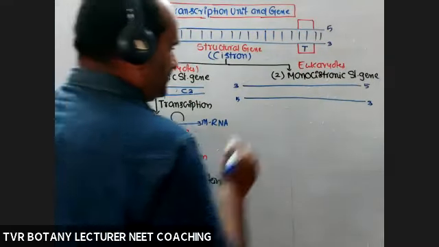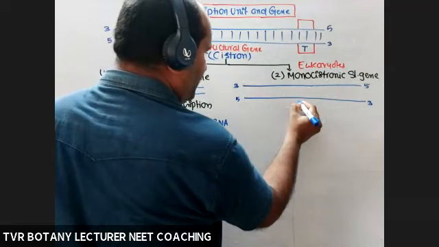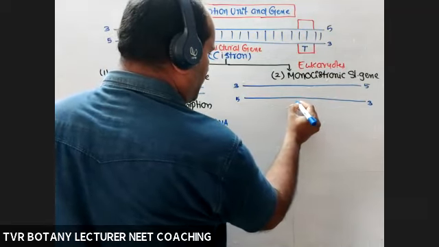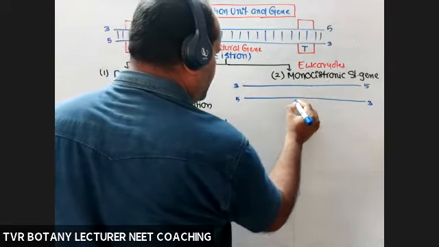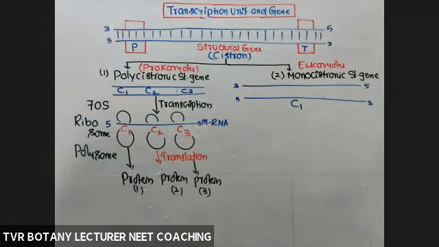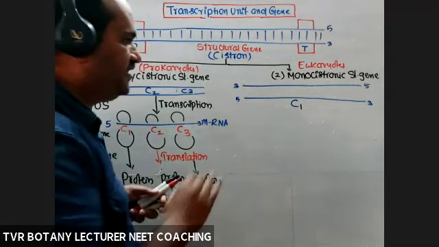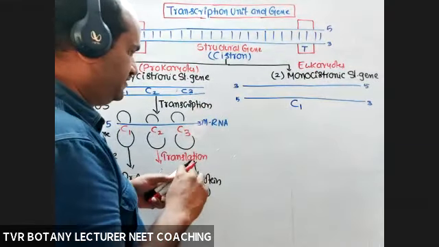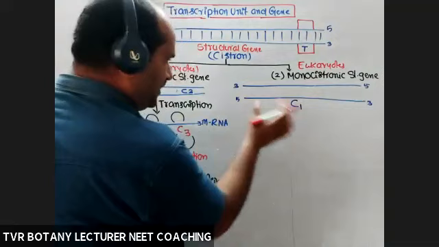What about the number of cistrons here? I am taking only one cistron, C1, cistron 1. This cistron is not continuous; it is a discontinuous cistron.